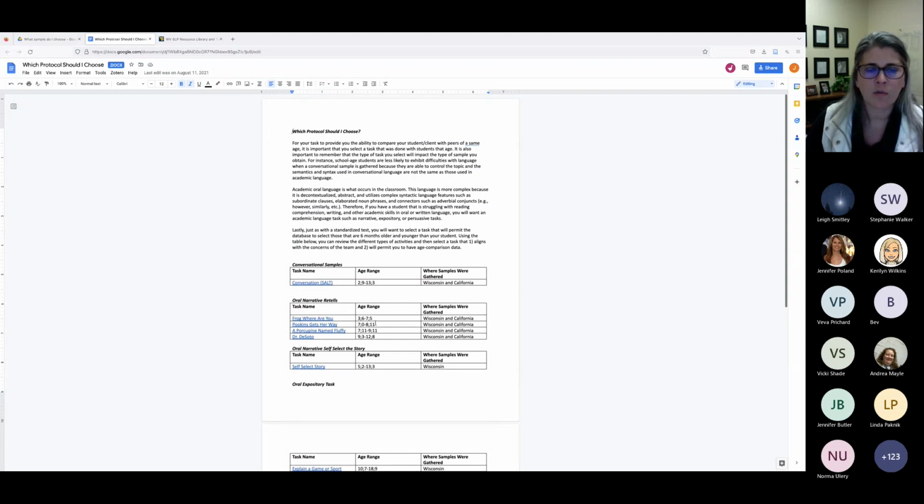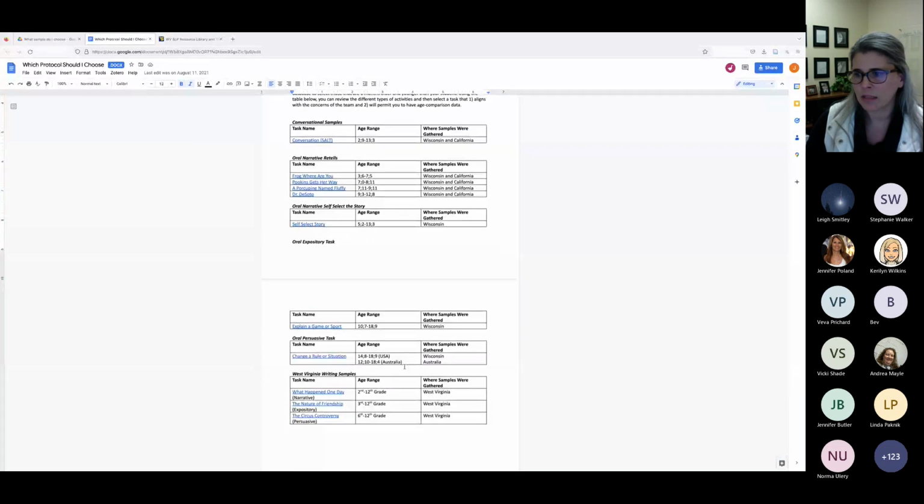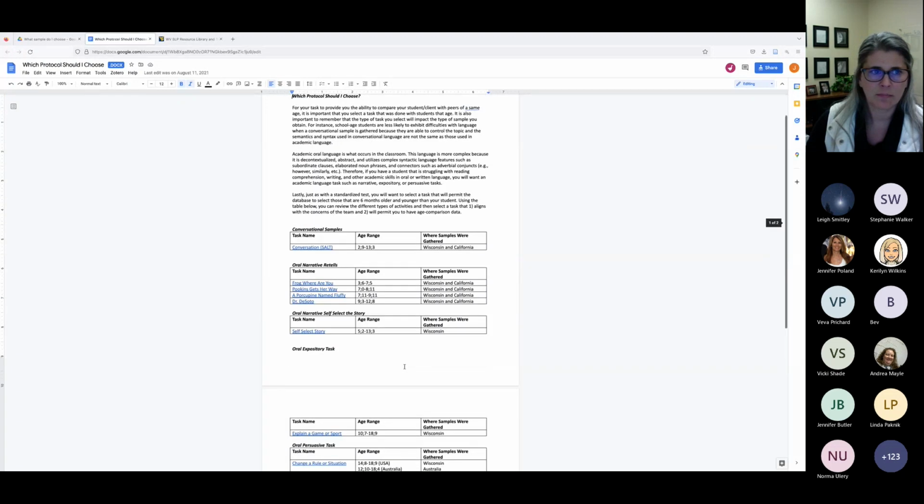So if you're questioning, what should I do? My kid's 6 years old. This will help you try and figure out what you could do with them that would allow you to use the database.